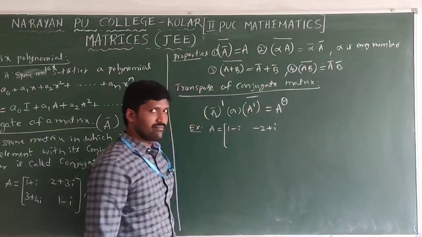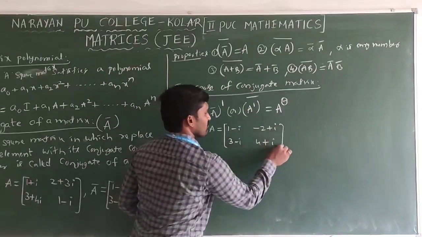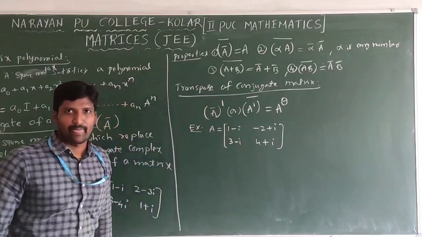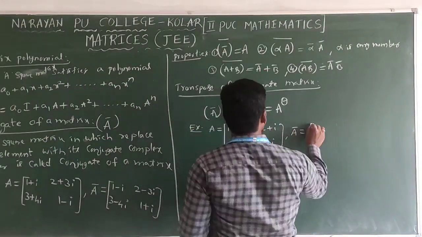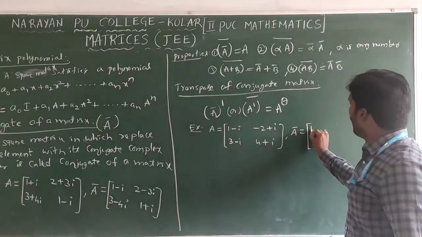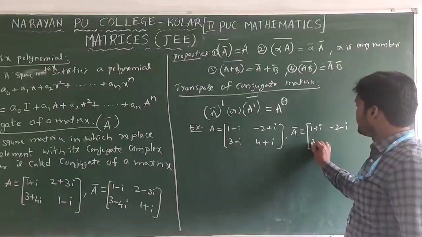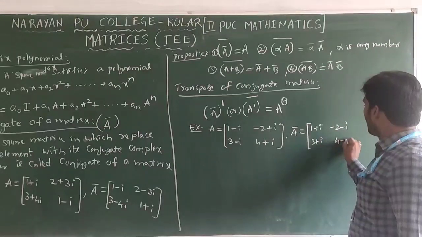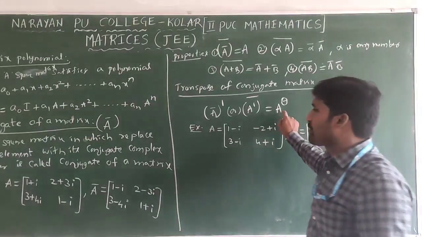Now, for example, in matrix A, I am taking: 1 minus i, minus 2 plus i, 3 minus i, 4 plus i. This is matrix A. First we need A bar. What is A bar? We get 1 plus i, minus 2 minus i, 3 plus i, 4 minus i. This is A bar. How to get A power theta?